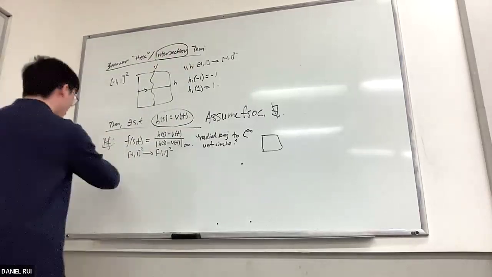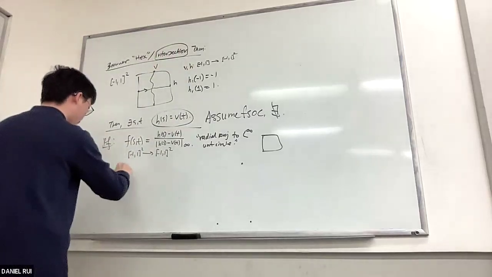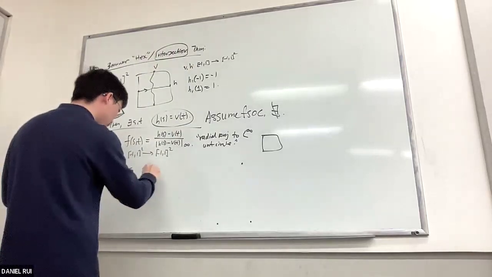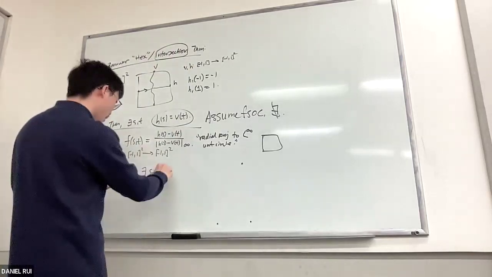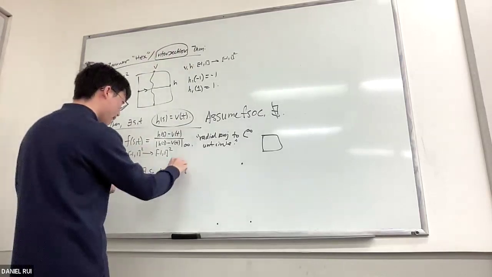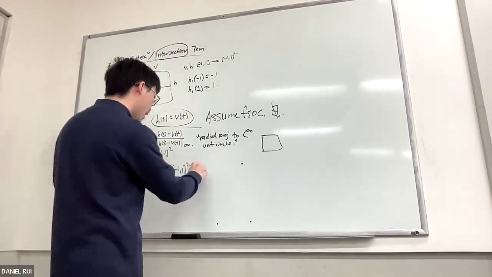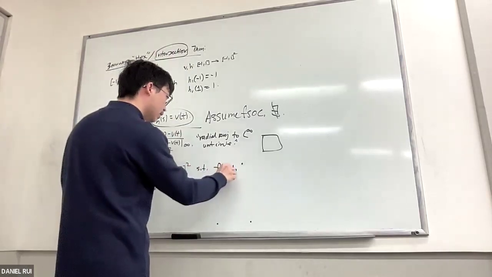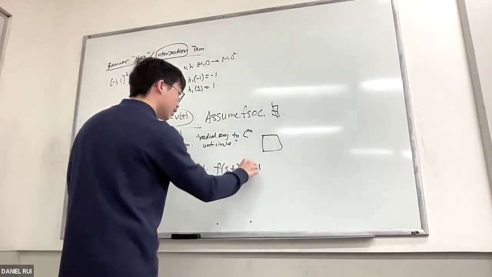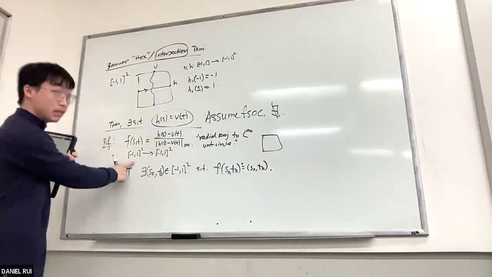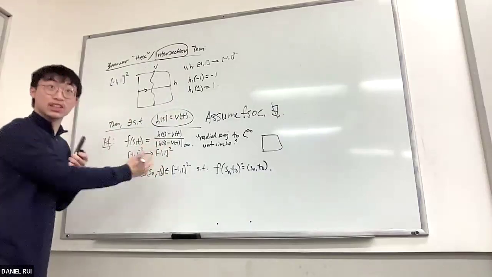Now, the Brouwer fixed point theorem tells me that there must exist S0, T0 in the square such that f of S0, T0 equals S0, T0. By upgrading it to 2 dimensions, f is now a function from the unit square to the unit square, but these are homeomorphic to the disk.